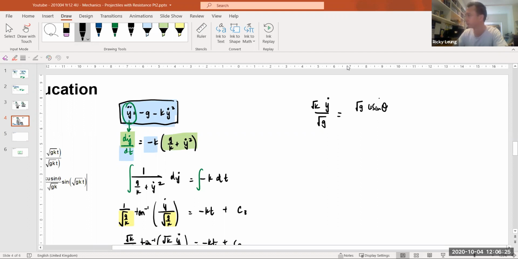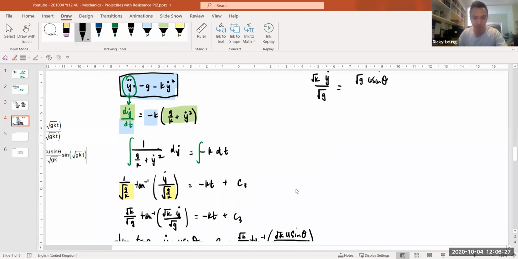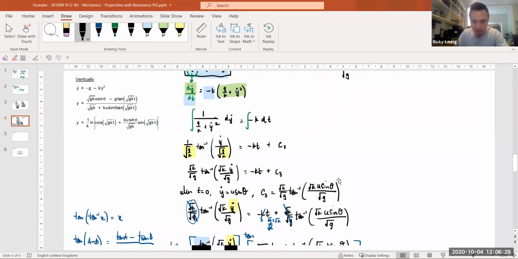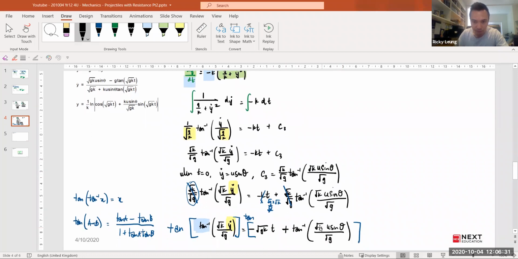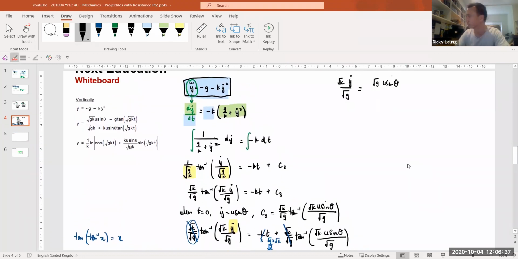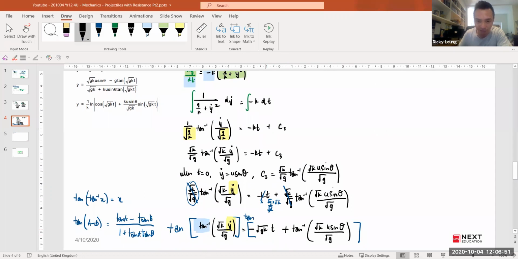Let me just scroll down, zoom out for a bit, just to make sure. K is on top, so be careful. Careful. Let me just make sure I don't do that wrong. That was a k there, on root g, minus tan inverse of this expression here with a negative.